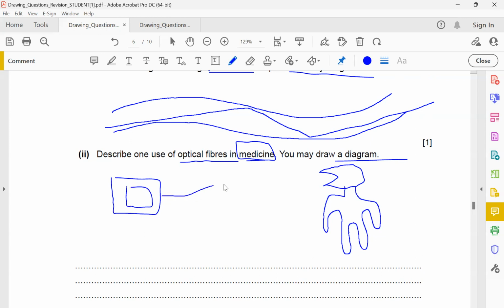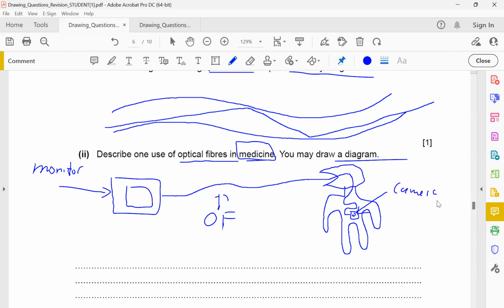You can draw the optical fibers that are going through his intestines and everything. And then there's a camera here. But you gotta label everything, even though this is physics and your drawing can be absolutely terrible, right? But you still have to label everything. You have to say that this is your monitor, and this is your optical fiber, and this is your camera, and so on.